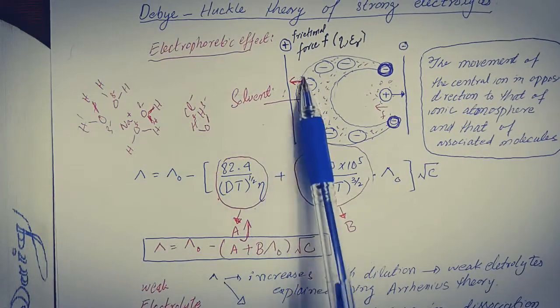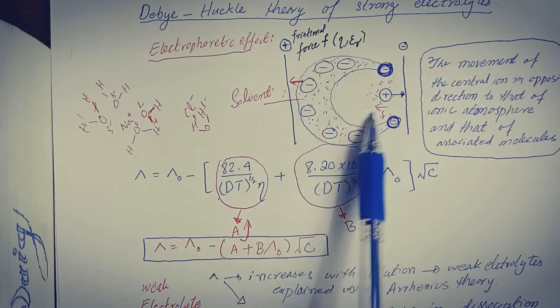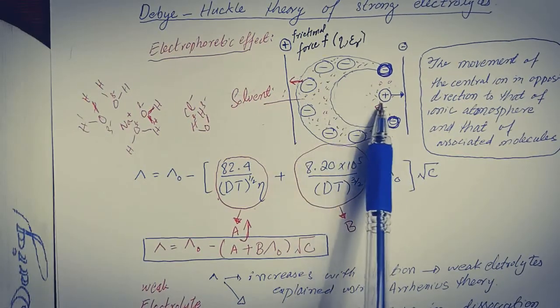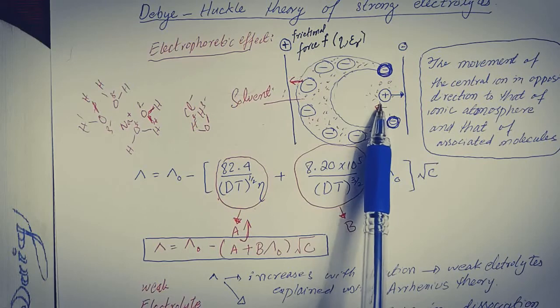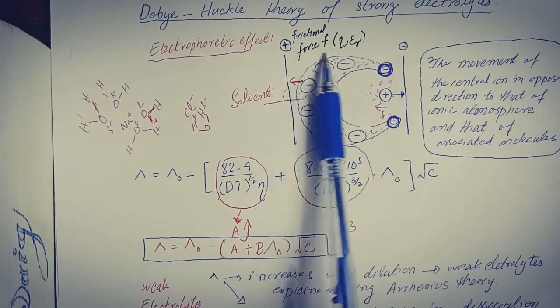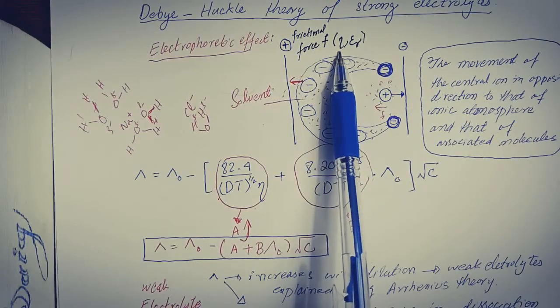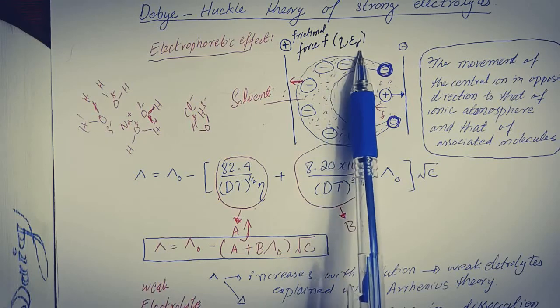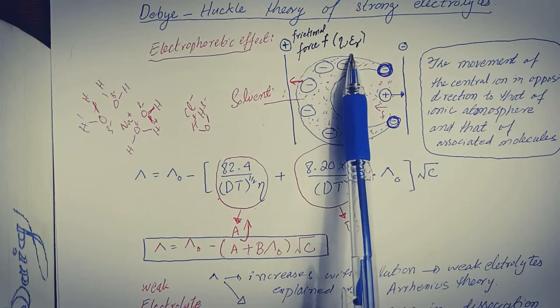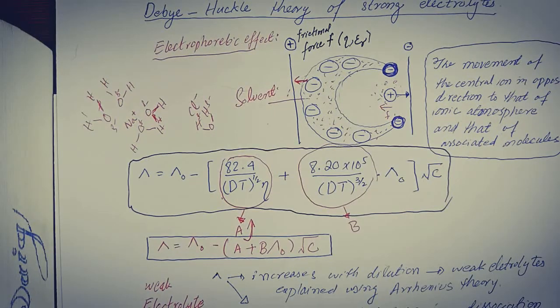So the frictional resistance, the force in the opposite direction to the movement of the ionic species, is a function of eta, that is the viscosity of the solution, and the dielectric constant, which is also known as relative permittivity. Now come to the mathematical explanation of the Debye-Huckel theory.